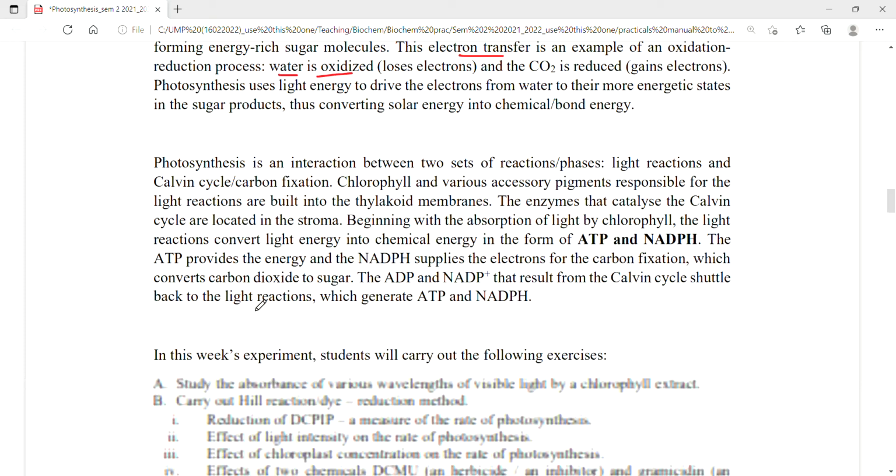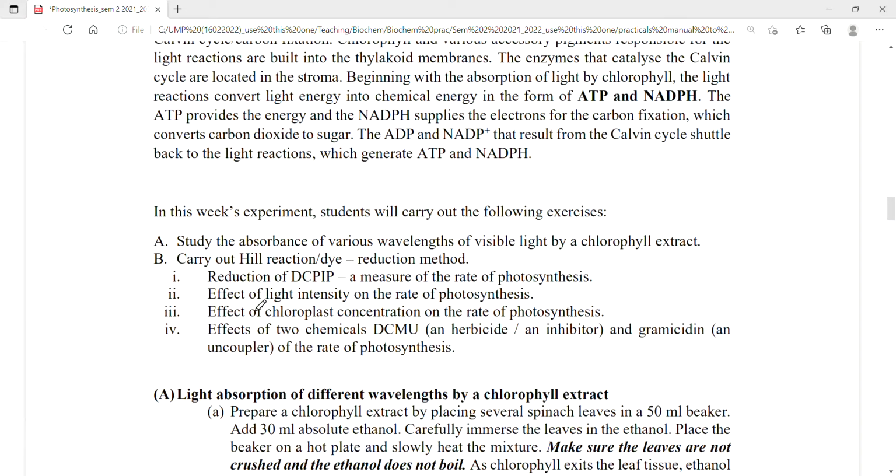So let's move to the experiment itself, because I don't want the briefing to be very long, just short and enough for you to understand both part 1 and part 2.